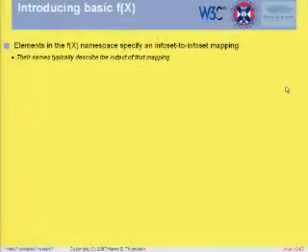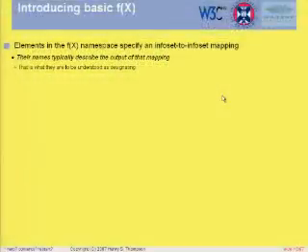So there are two parts to functional XML. One is an infoset mapping self-describing vocabulary, and the other is a shorthand notation based on the lambda calculus. So very briefly, elements in the functional XML namespace specify an infoset to infoset mapping.